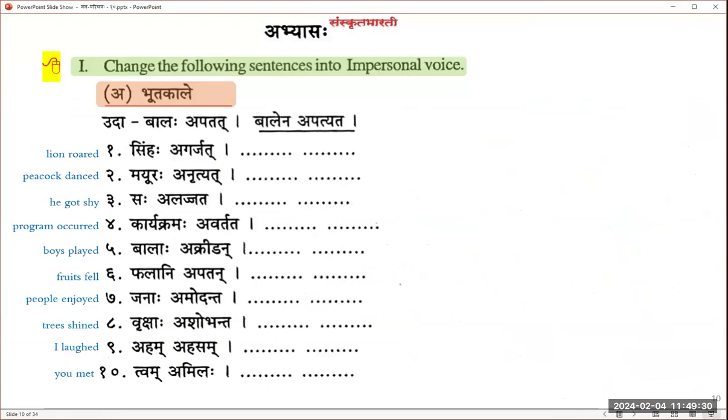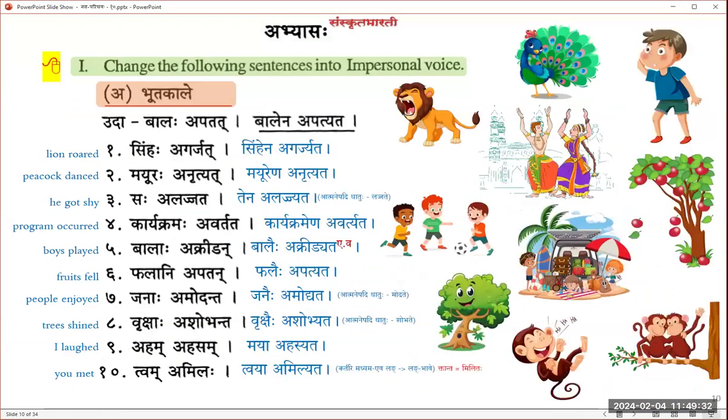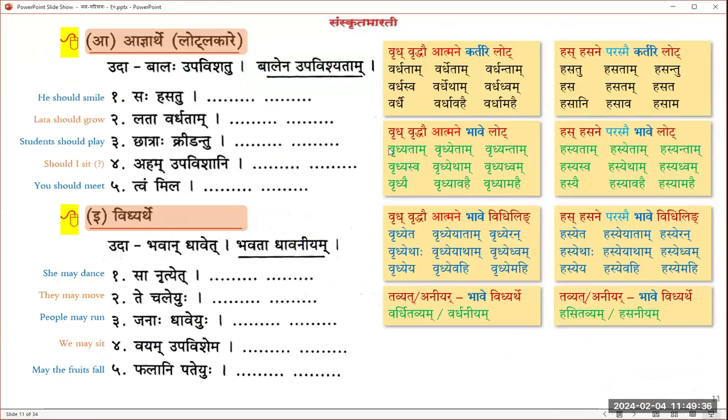Good question. Okay, so this I have to check about the Vrudhyatam versus Vardhyatam. We will check later. Okay, so Agnyarte Balaha Upavishatu, Balena Upavishyatam. Like that, lot from Parasmai to Atmane type of form.